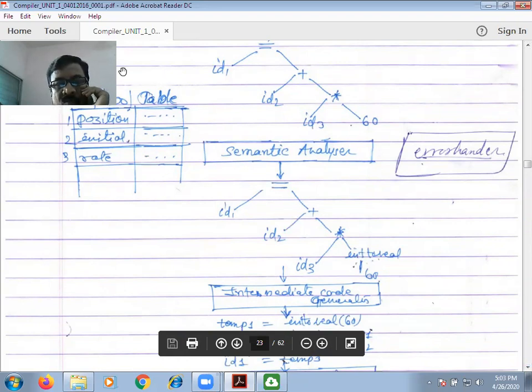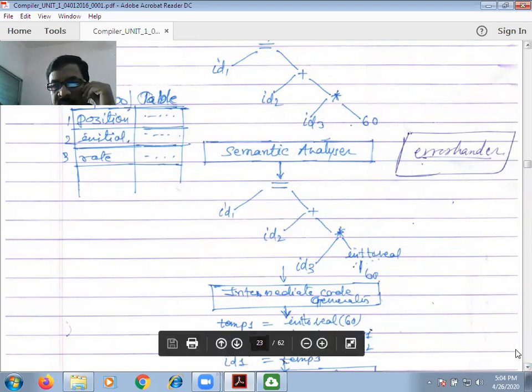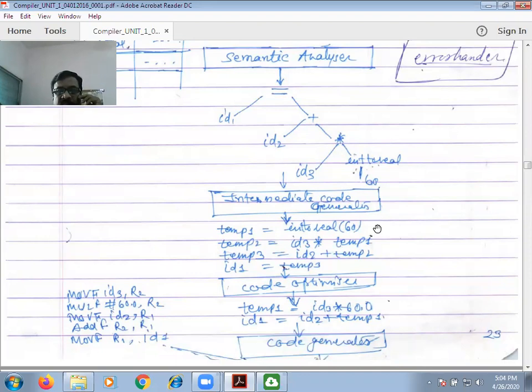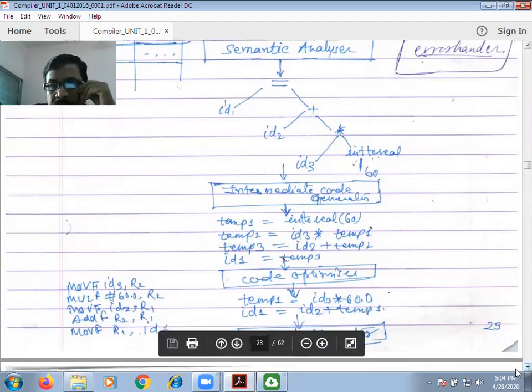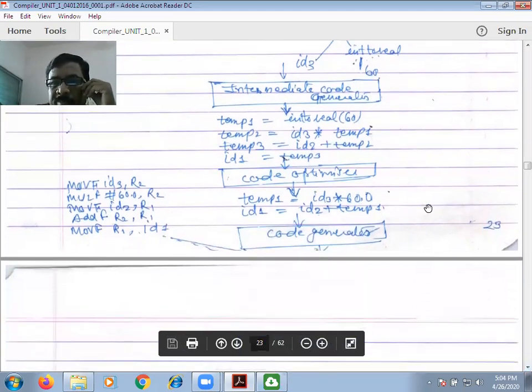Here are two more blocks: symbol table and error handler. The symbol table will hold the values of identifiers or reserve the space for identifiers position, initial and rate, etc. This is again given as an input to the intermediate code generation, and the intermediate code generator will generate code using the different intermediate representation.